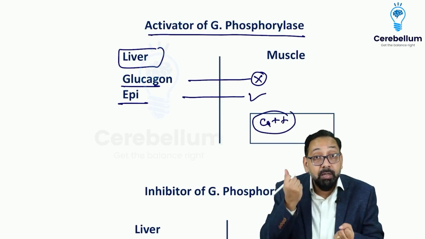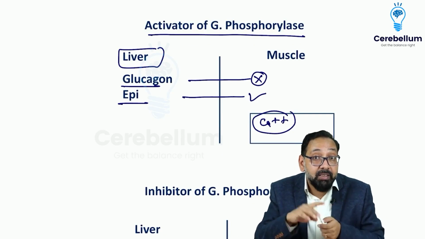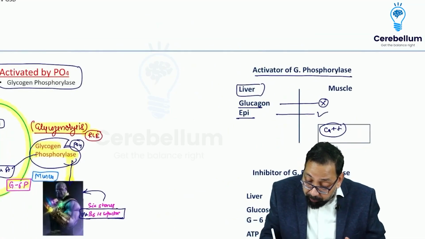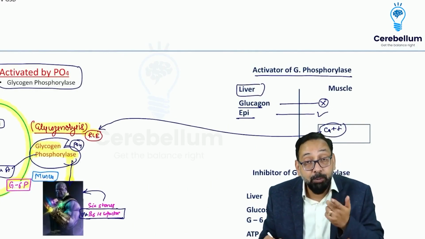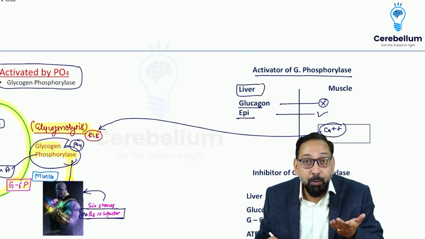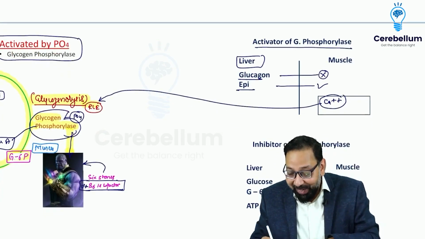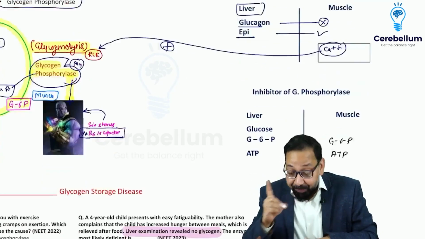When you start exercise, calcium is released and this calcium activates glycogen phosphorylase, because now you are going to utilize glycogen, and it should be broken down with the help of glycogen phosphorylase. So calcium is an activator of glycogen phosphorylase in muscle.